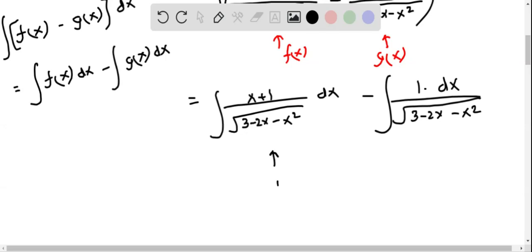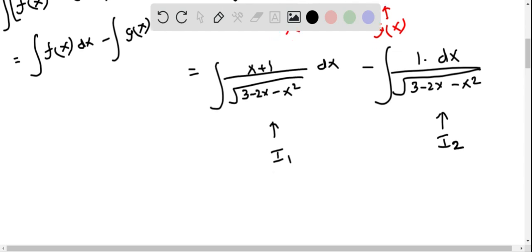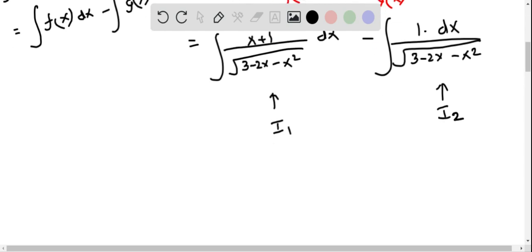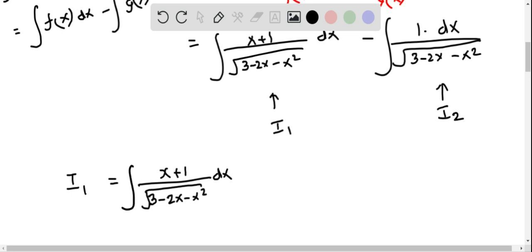We can consider this as integral 1 and this as integral 2. Let's integrate integral 1 first. I'm going to copy this integral 1. I have I1 equals the integral of x plus 1 over the square root of 3 minus 2x minus x squared dx. Let's continue with this integral.